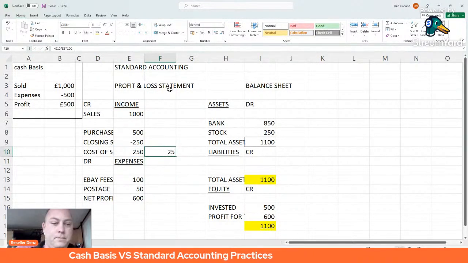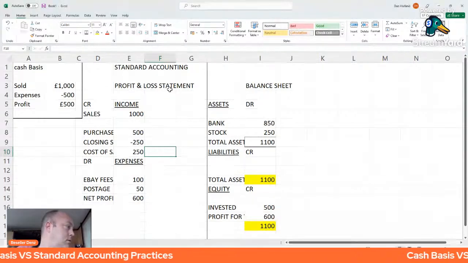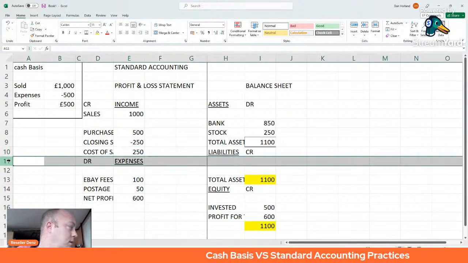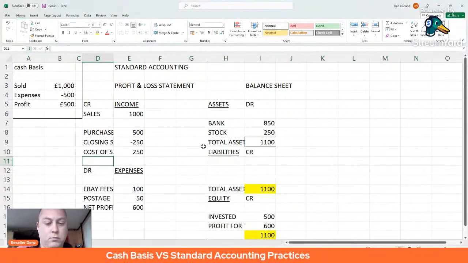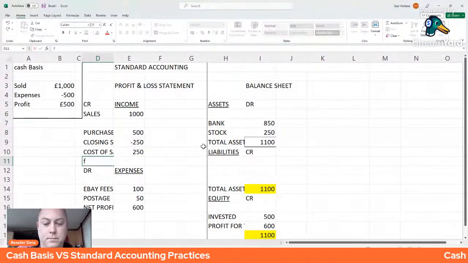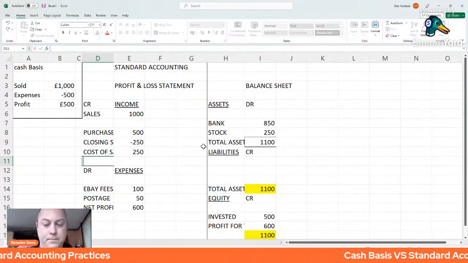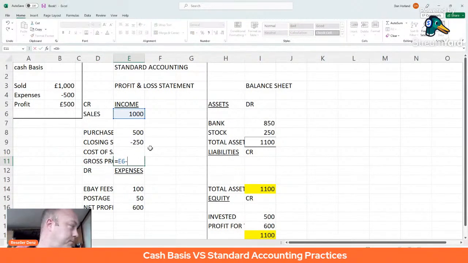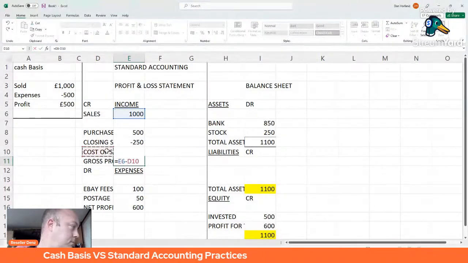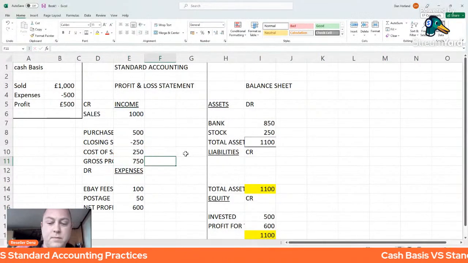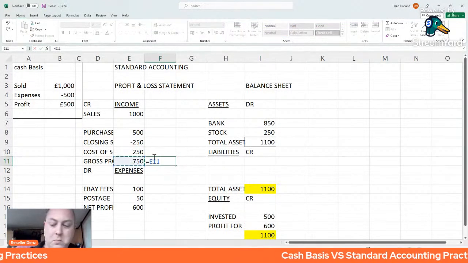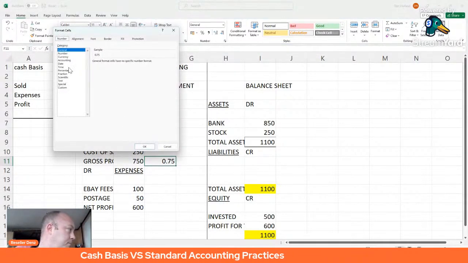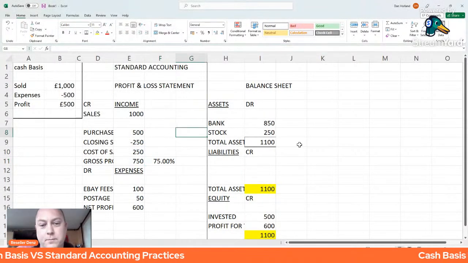That's not right. Aha, that's right. Gross. It's going to be equals that minus that. Then your gross profit margin is going to be 75%, right?